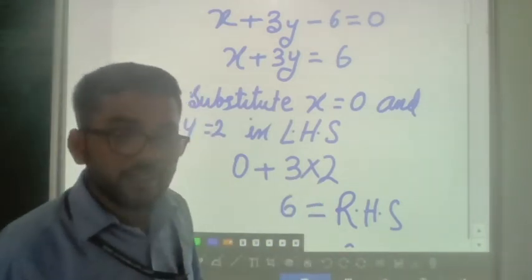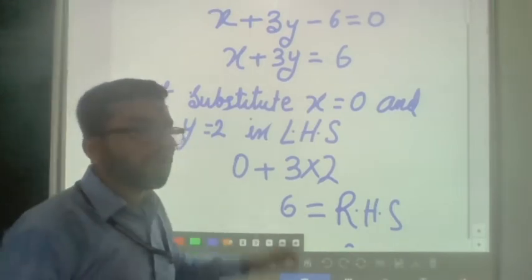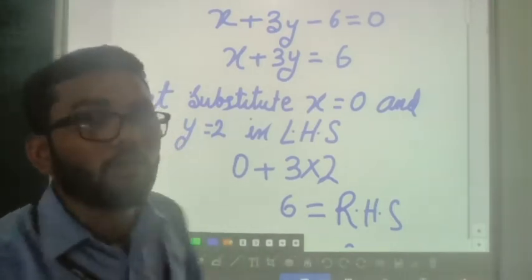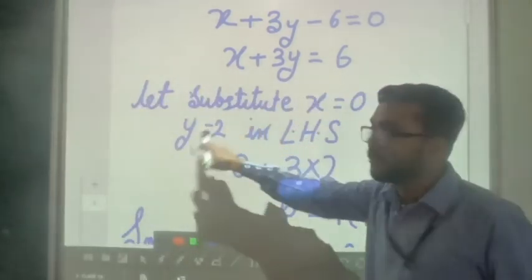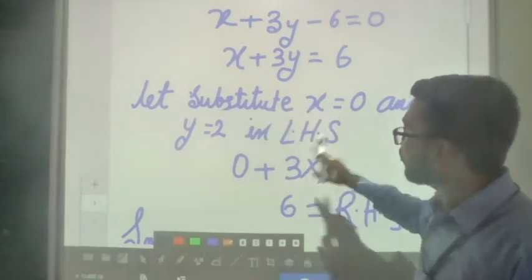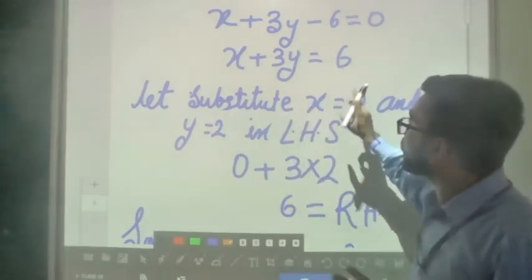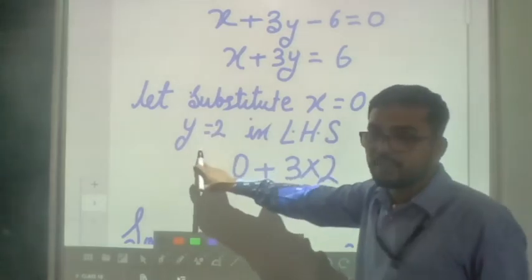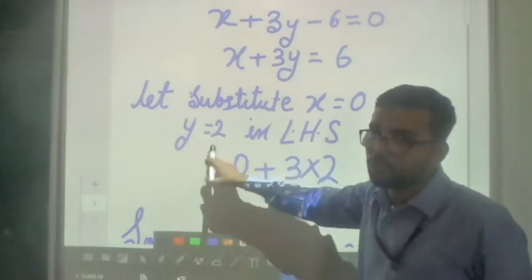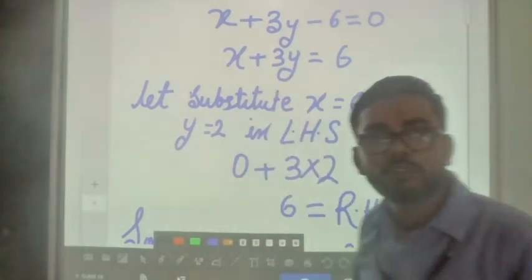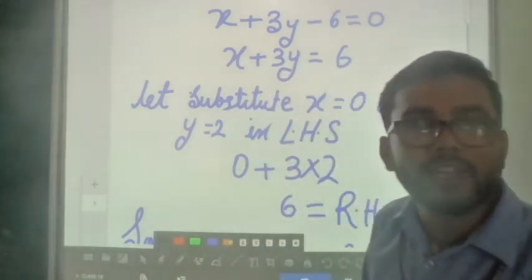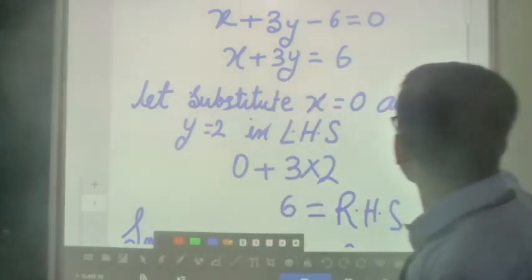So when the value becomes equal to RHS for those values of variables, those values are the solution for that equation.